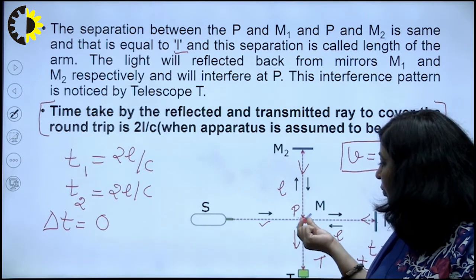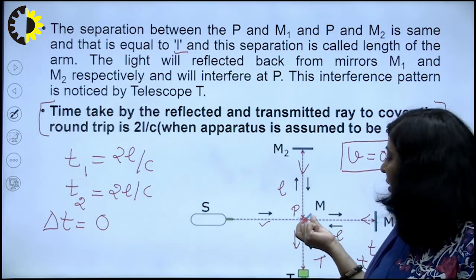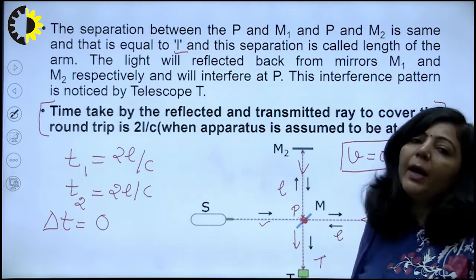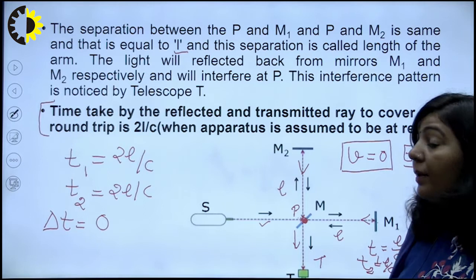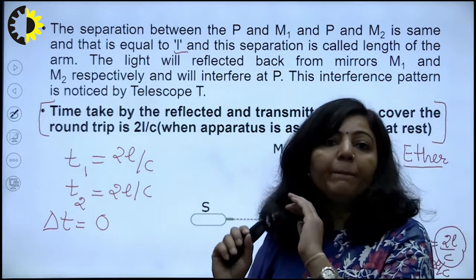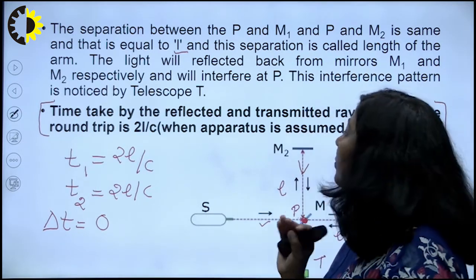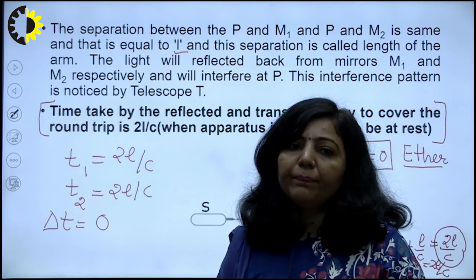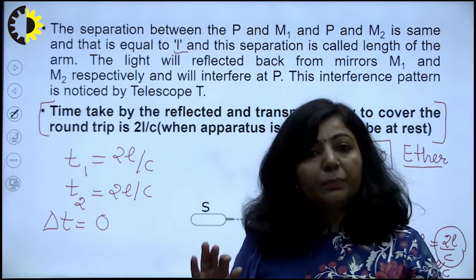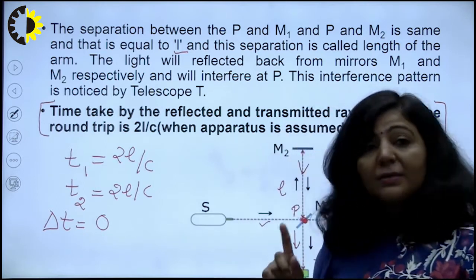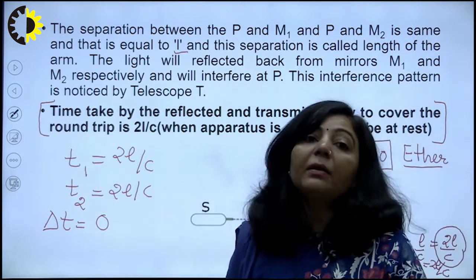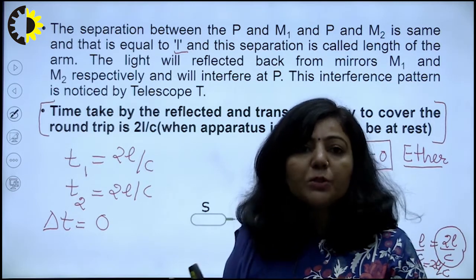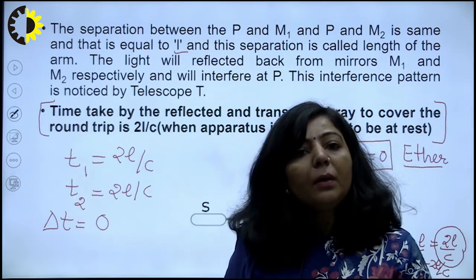These two rays are then directed towards the telescope, where they superimpose and you get an interference pattern. That interference pattern, when the apparatus is at absolute rest, is known as your reference interference pattern. It is the position of the interference pattern when the apparatus is assumed to be at rest, or in the ether frame.